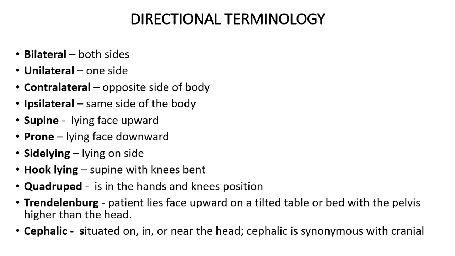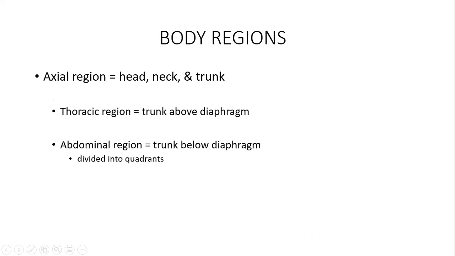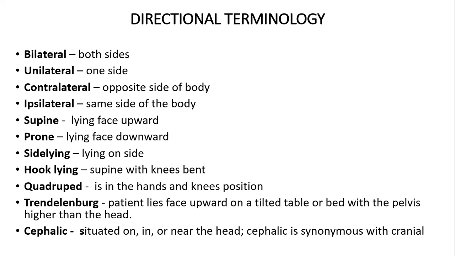So again, Trendelenburg position, patient is lying in the supine position on a tilted table or bed with their head lower than their pelvis, or their pelvis is higher than the head. So it would look something like this. Oh, let me go back.